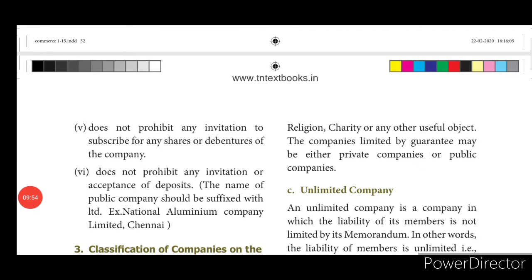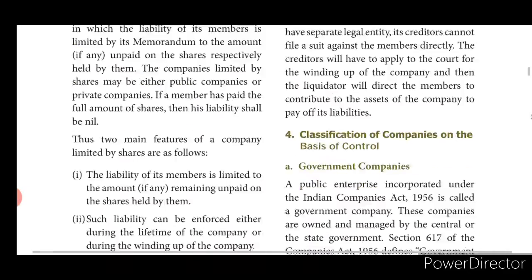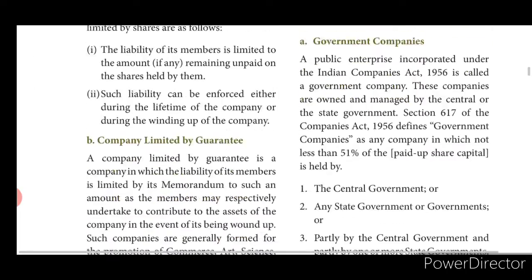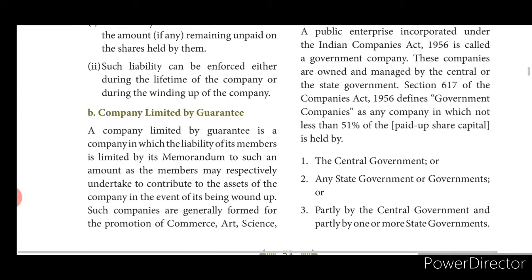Okay. The company limited by guarantee is almost the same kind of company that we saw with the company limited by shares. So it is nothing but the company in which the liability of its members is limited, and in the memorandum itself they will mention it.